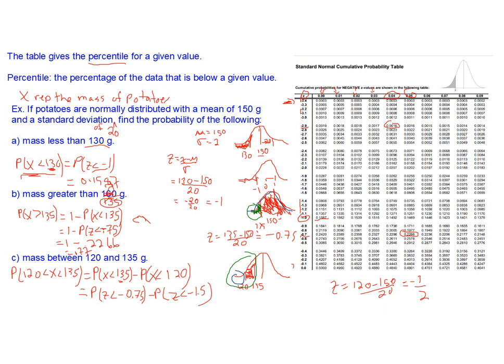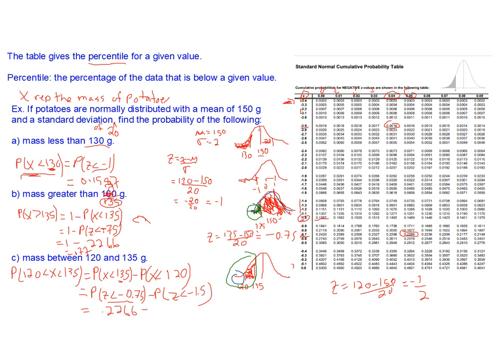So again, we can go to the table and look these values up. We already looked up the one value, but just as a reminder here, the probability that z is less than negative 0.75 happens here, so this is 0.2266, and we subtract the probability that z is less than negative 1.5. So here's the negative 1.